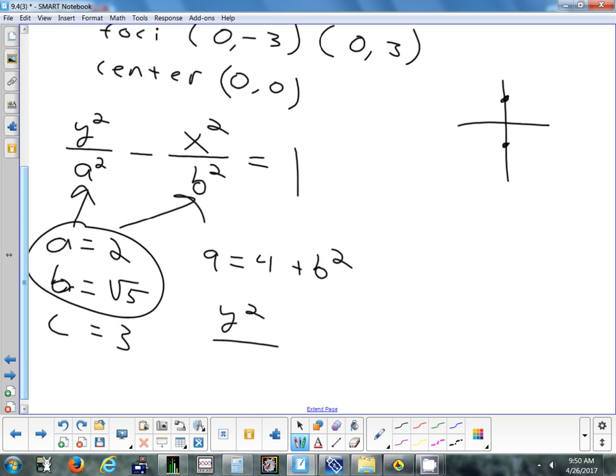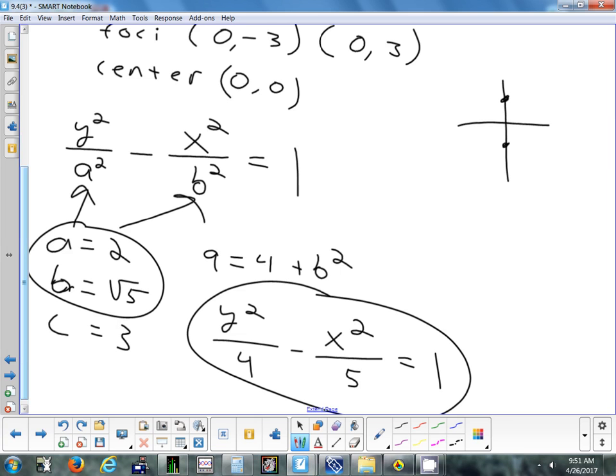So we get y squared over 4 minus x squared over 5 equals 1. There's your equation. Any questions on that?